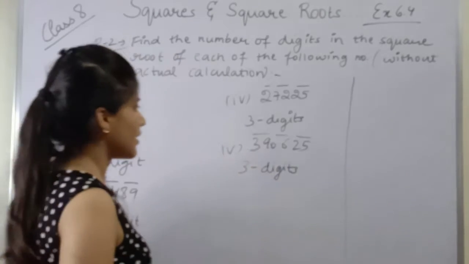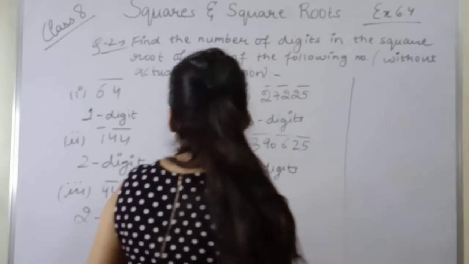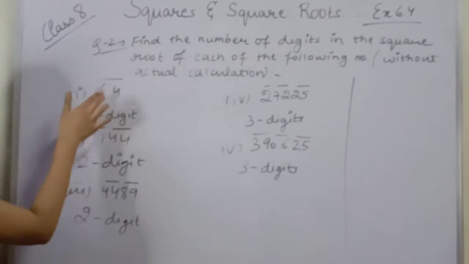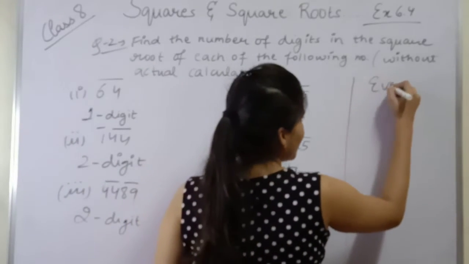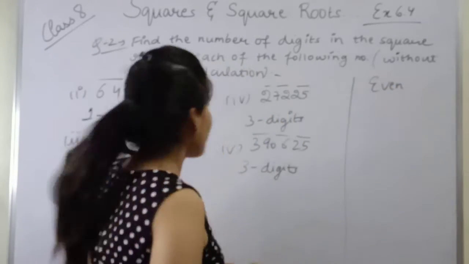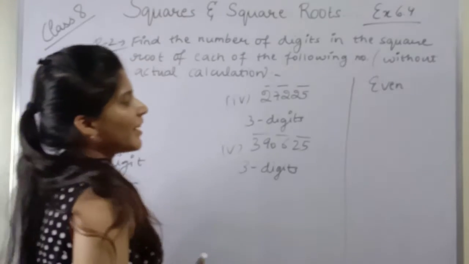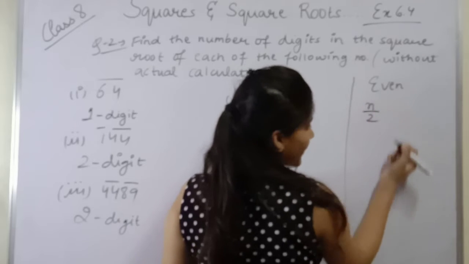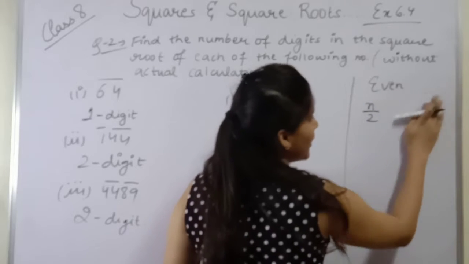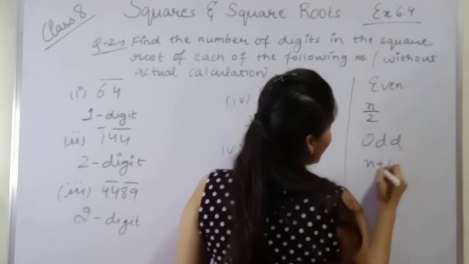Now the second method to solve this is we will count the number of digits in this number, and if it is an even number of digits, like this one has 2, 6, 4, 1 and 2, it means if the count is even, we will do n by 2, meaning 2 by 2, and if it is odd, we will do n plus 1 by 2.